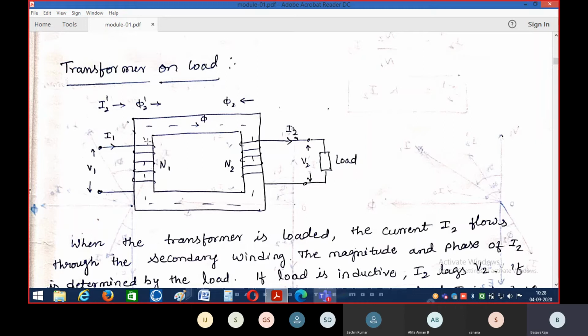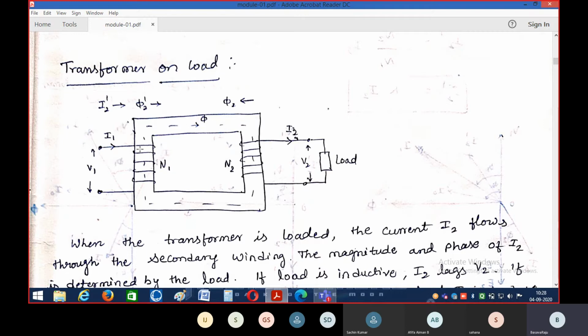This I1 current in turn produces the magnetic flux in the transformer, and that flux we call phi. Whenever this phi is produced in the transformer, it results in producing an EMF both in the primary winding as well as in the secondary winding.